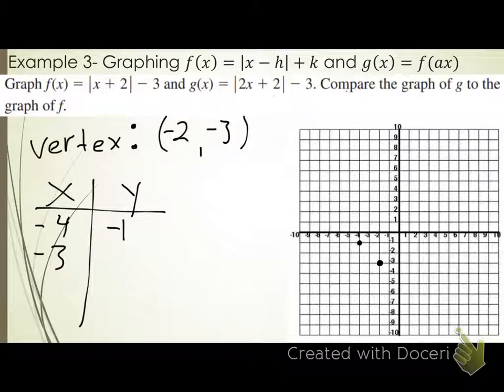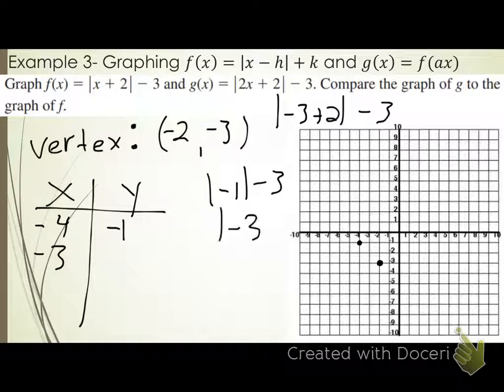Now let's plug in -3. What's -3 plus 2? -1. What's the absolute value of -1? 1 minus 3 is -2. So -3, -2 is another ordered pair.